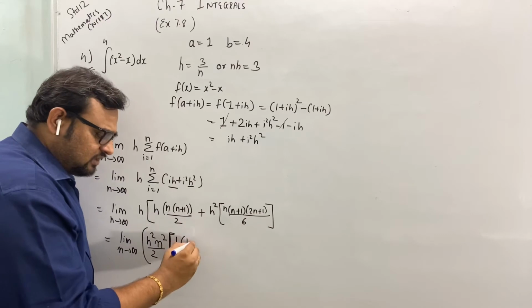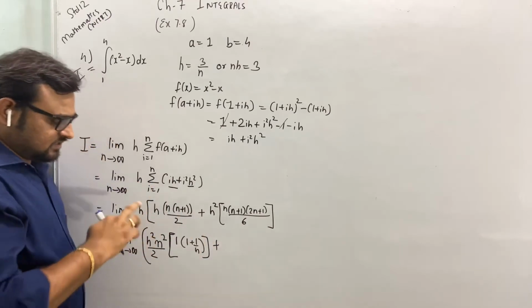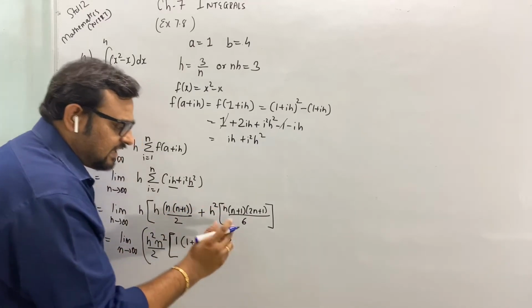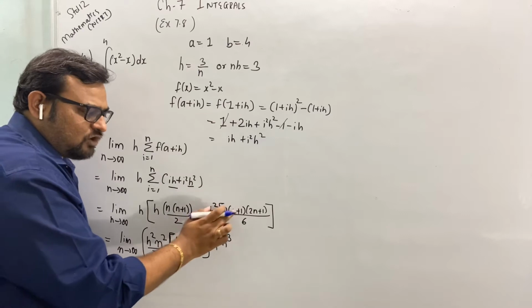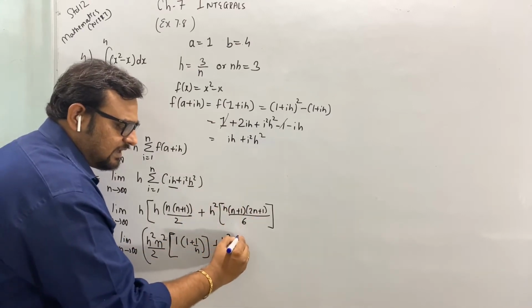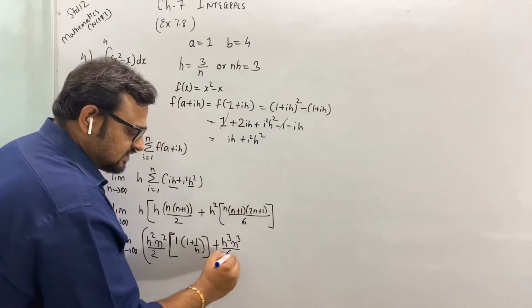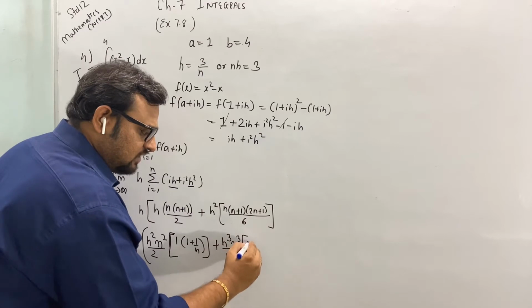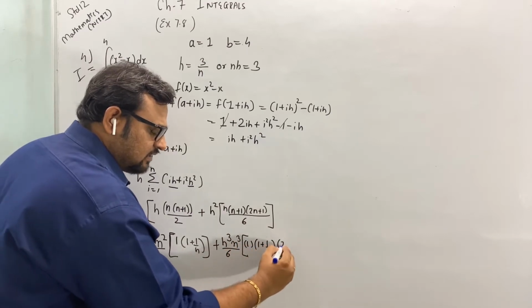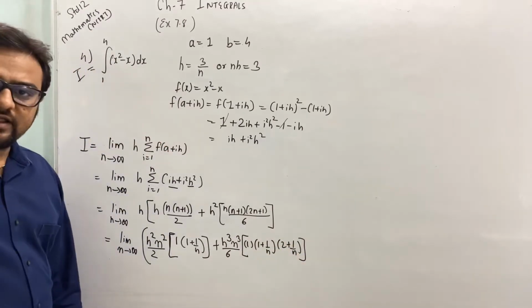Instead of 1, 1 by n. Plus h into h square, h cube. Now n from all these three, 1, 2 and 3, so it will be n cube, and this 6. So now 1 plus 1 by n, 2 plus 1 by n. Clear?